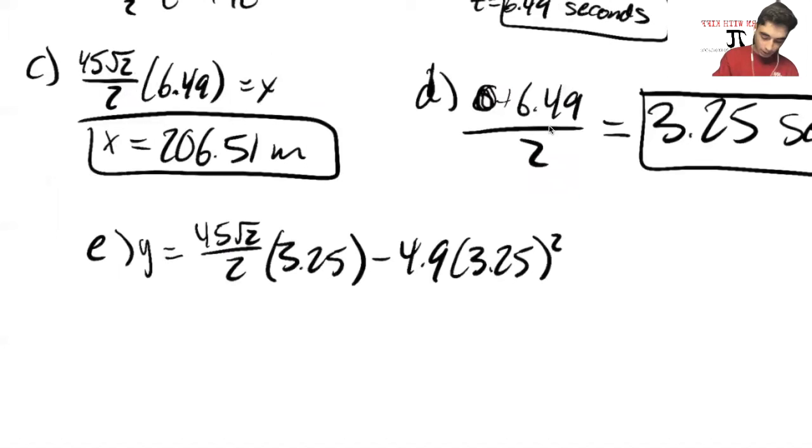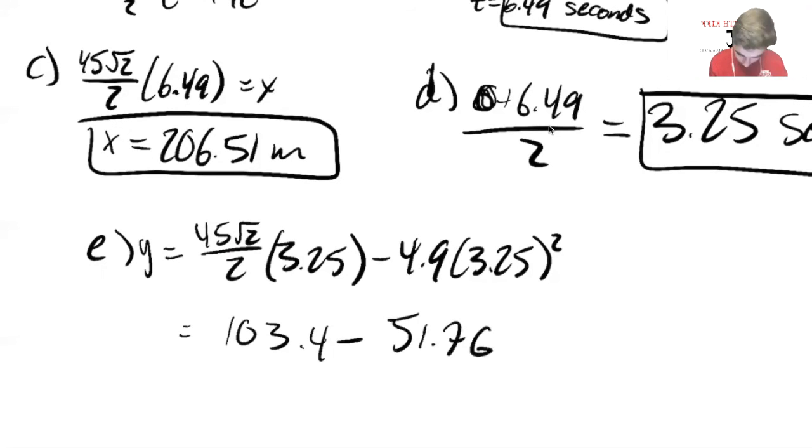Okay, just plug that into your calculator. I doubt you're going to have to do this without a calculator. So that is 103.4 minus 0.9 times 3.25 squared, which is 51.76. 103.4 minus 51.76 is 51.64.